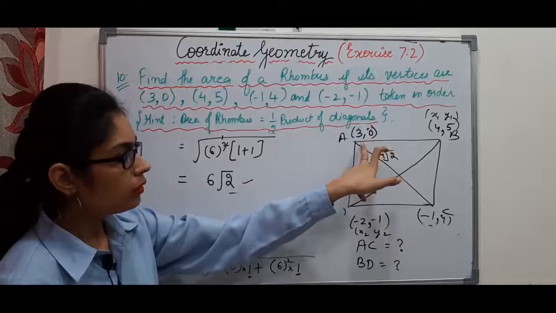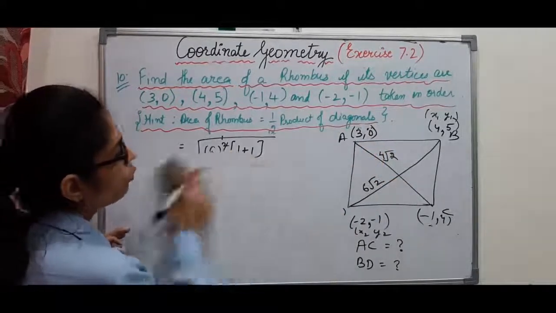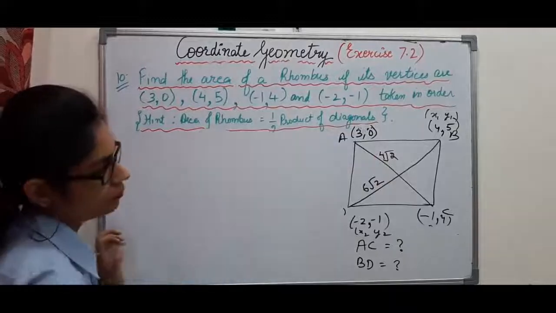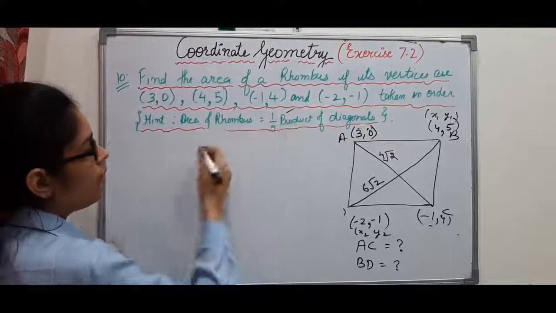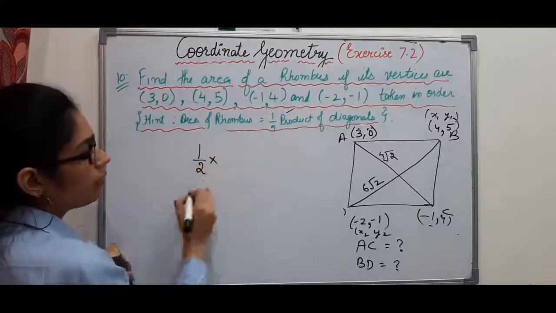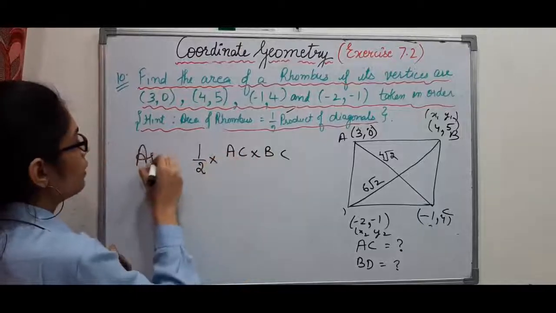So this is the value of AC, we have got 4 root 2, and the value of BD we got 6 root 2. This formula we will use: area of rhombus is equal to half into product of diagonals, half into AC into BD.